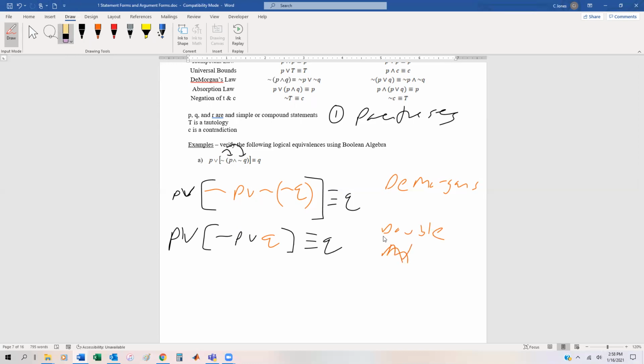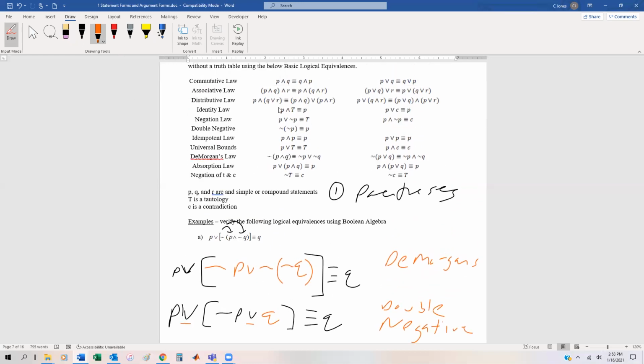Now that we have this simplified a little bit inside the parentheses, and I don't think we can do anything else to simplify that, we're going to look for a pattern where we might have two ors. The only thing that we might have here with two ors in succession is the associative law. What we're really doing is looking for patterns.